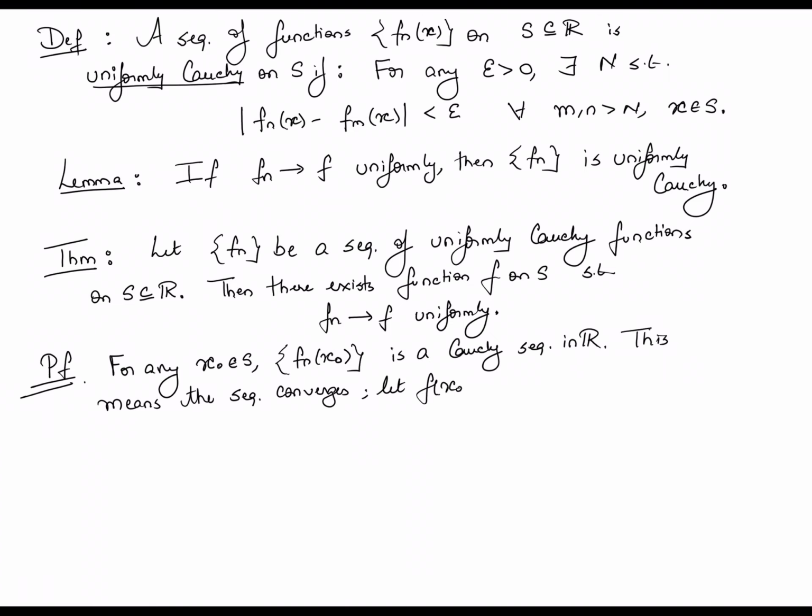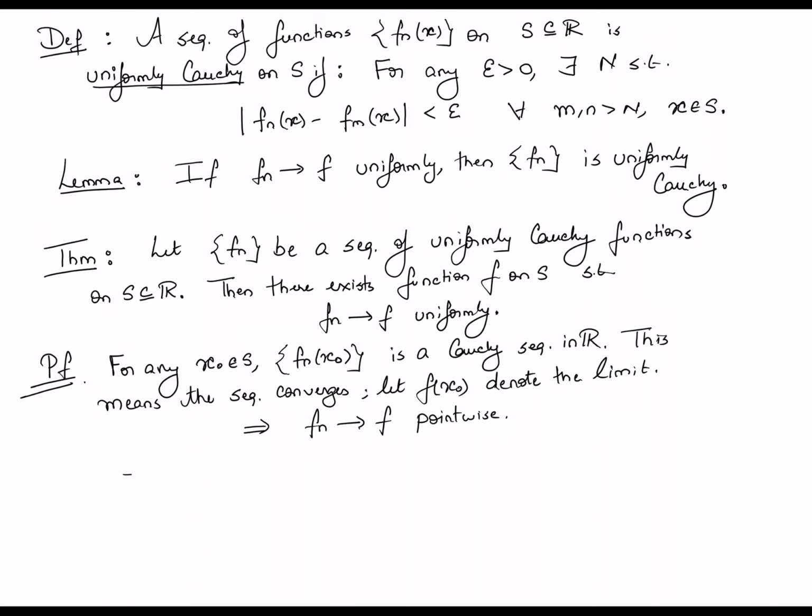So let f of x naught denote the limit. Right? So having constructed this f, such that at x naught it is in fact the limit of the sequence fn of x naught, we can therefore conclude that fn in fact converges to f pointwise. Right? And as we've talked about before, this makes f the only potential candidate to check uniform convergence for. Right? So how do you show that you have uniform convergence?